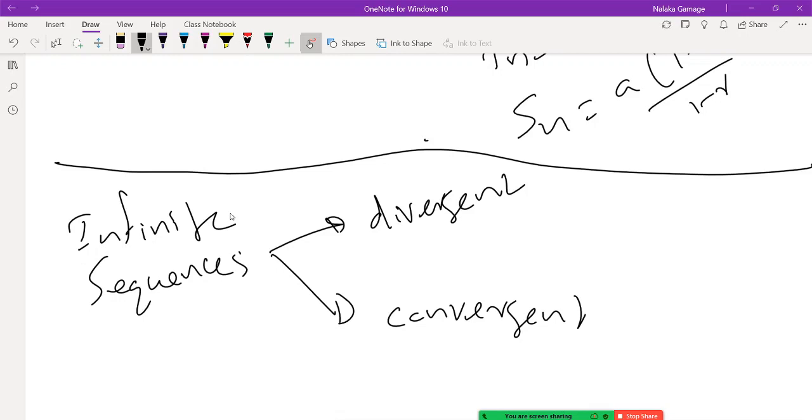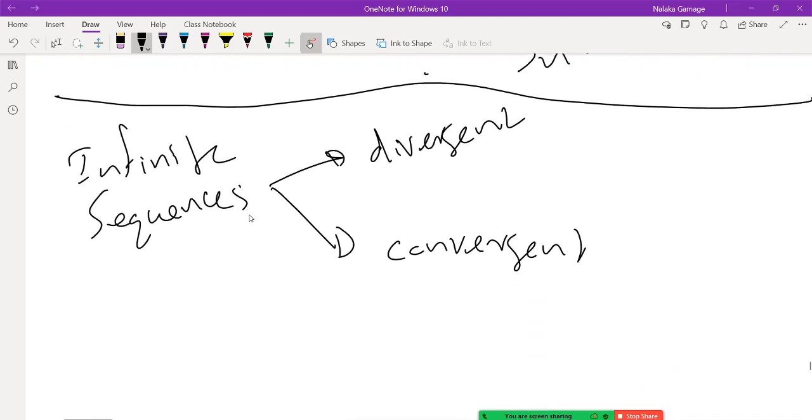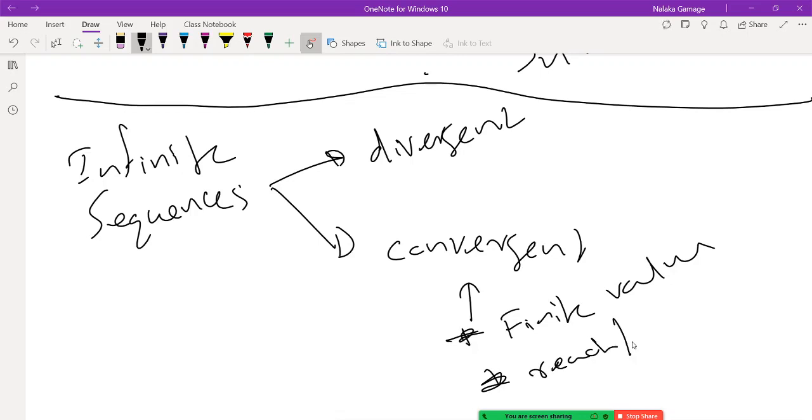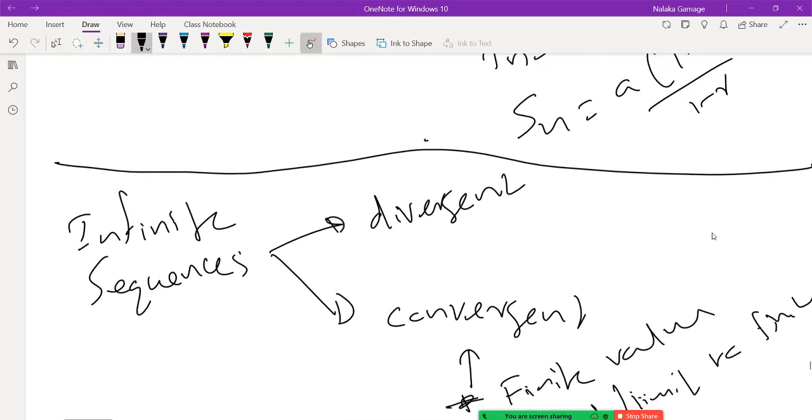A sequence is said to be convergent if its infinite term is a finite value, or it limits to a finite value. Then we say convergent. If it is not convergent, we say it's divergent.